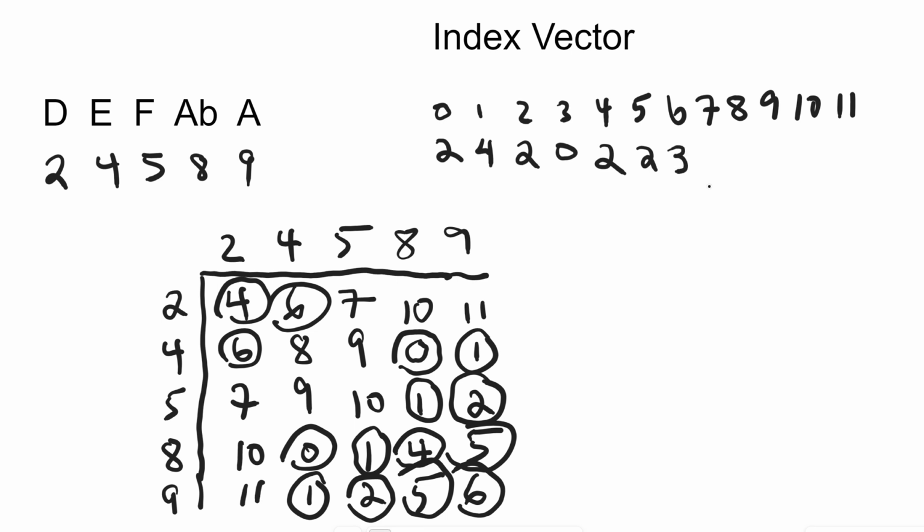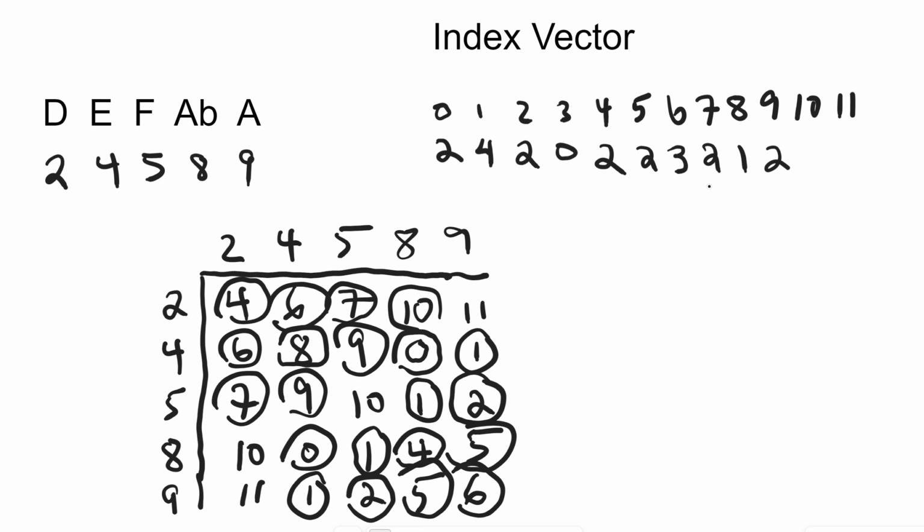There are 2 7s right there. Looks like only 1 8. 2 9s. 3 10s. And lastly, 2 11s. Looks like we got them all.